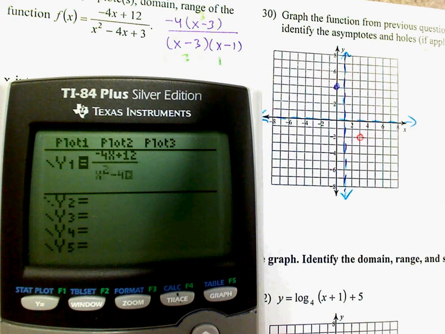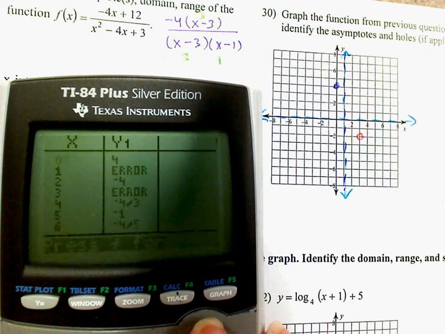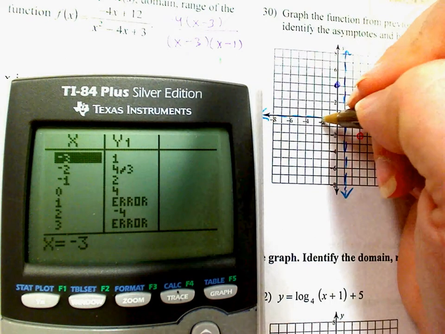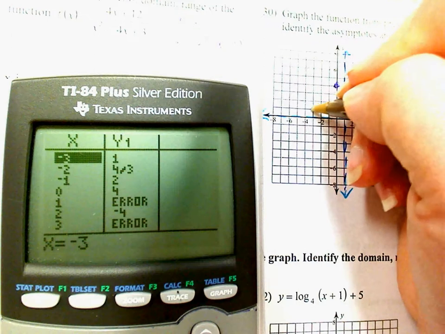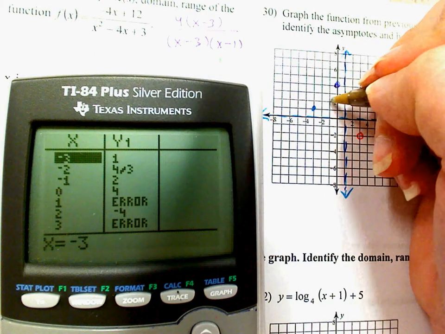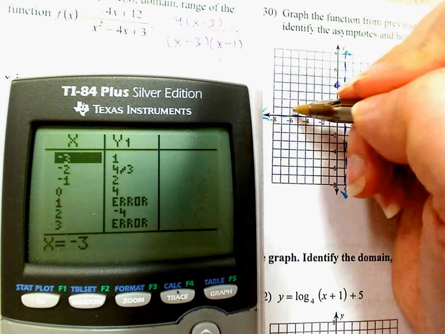Okay. At, let's say, negative 3, it's at 1. At negative 1, it's at 2. At 0, it's a 4. That fits along with what I said. That's enough points for me to be able to figure that it's doing this.